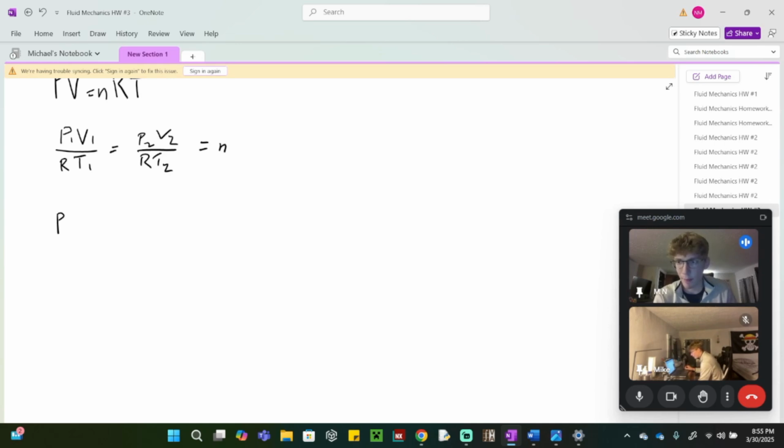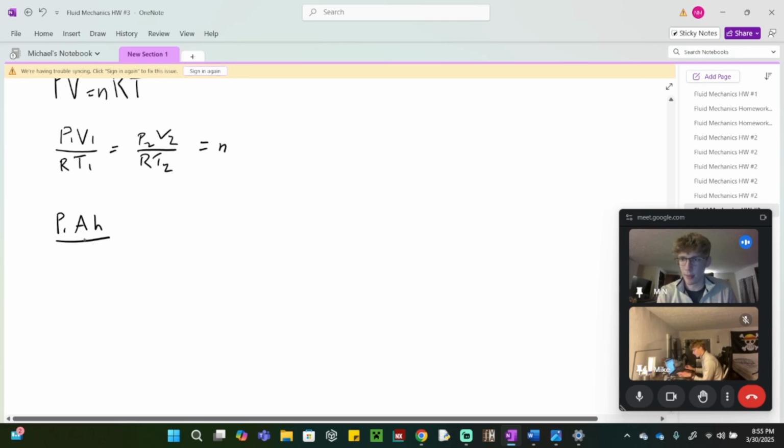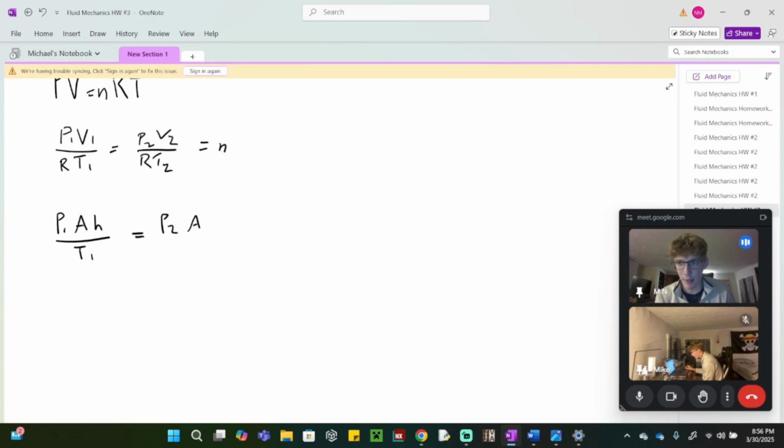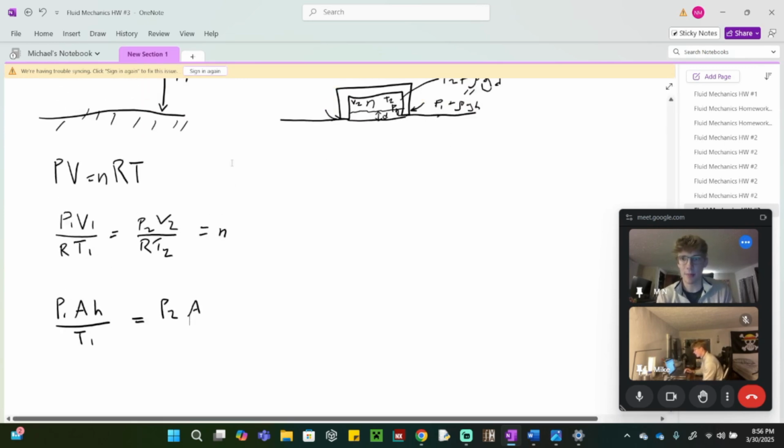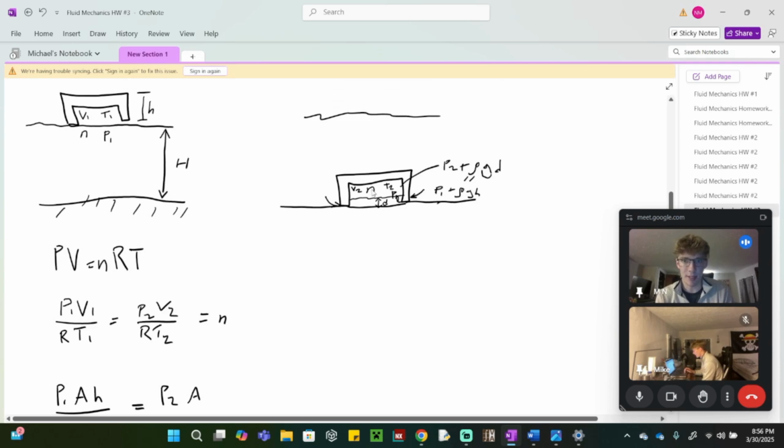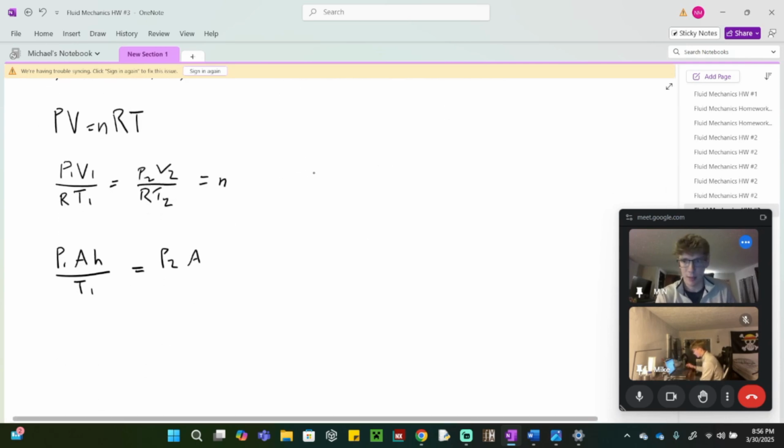So we get P1 A times h over T1, and the R's cancel here actually, equals P2 A, and the height in this case is going to be the height of the caisson minus small d, because of the water filling into it. So we get h minus d over T2.